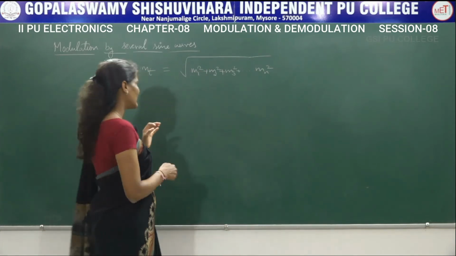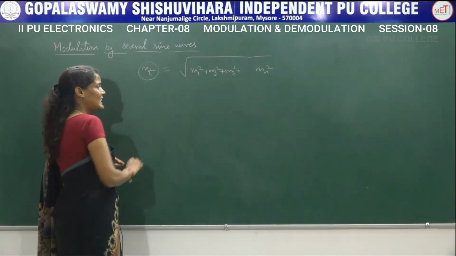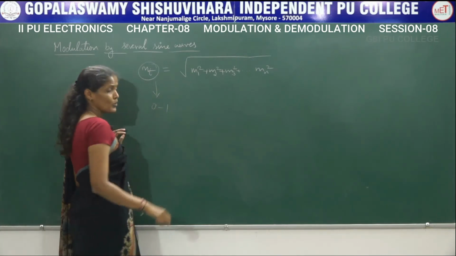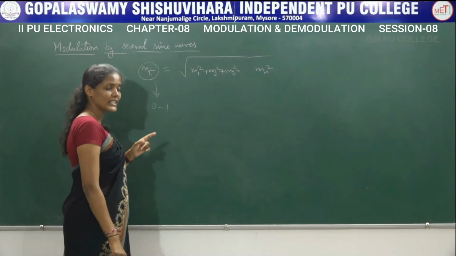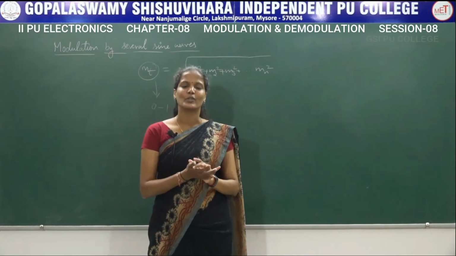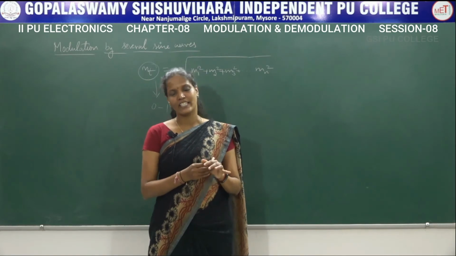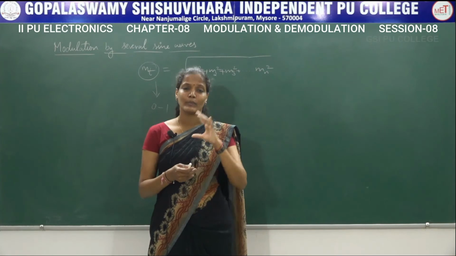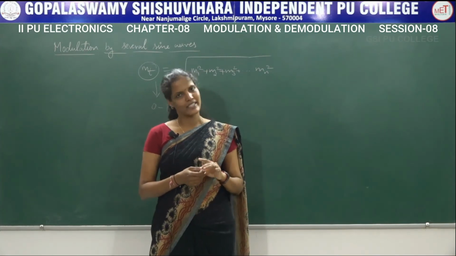You have to make sure that this total modulation index value will also lie within the range of 0 to 1. If the value of MT is more than 1, then it will lead to what is called over modulation, which contains a lot of distortion, and a lot of noise signals will be present along with the actual signal.